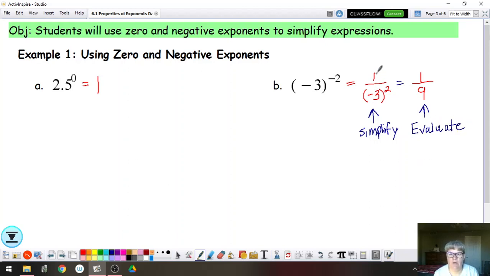So simplify is just writing it to have positive exponents. Evaluate is telling me what the value is. Actually evaluating the value. Finding the value once the exponent is positive.